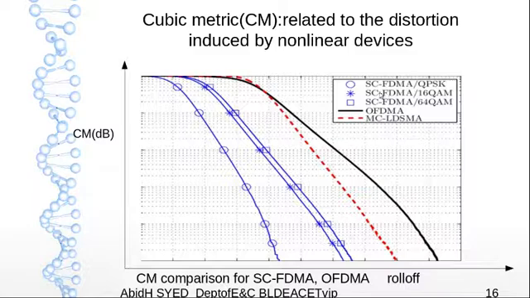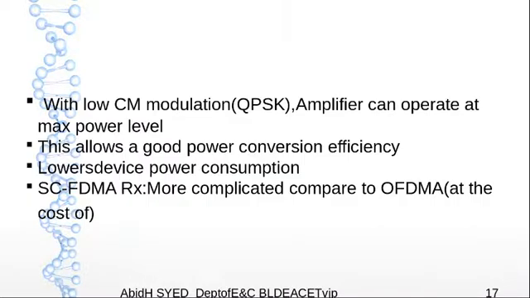Other types of modulation schemes have also been shown here, but my point of view here is only the comparison between SCFDMA and OFDMA. With low cubic metric, the modulation scheme being used in both cases is QPSK.